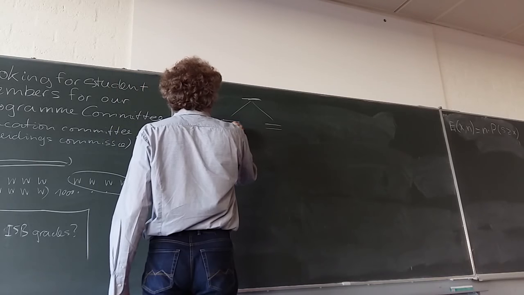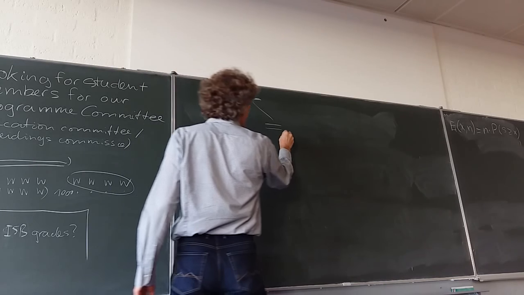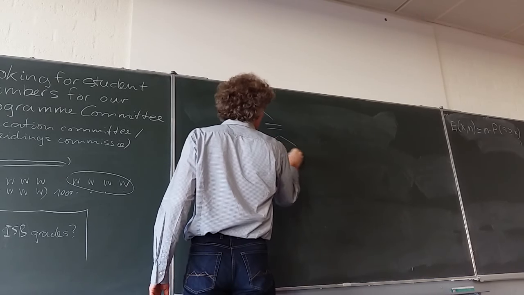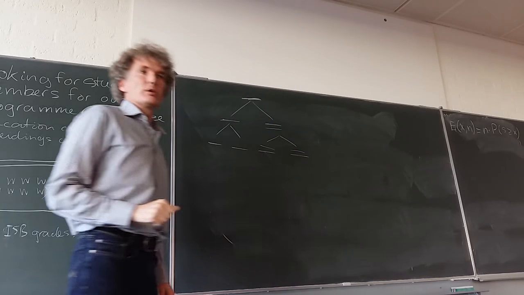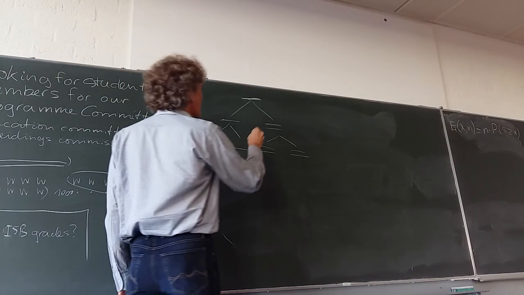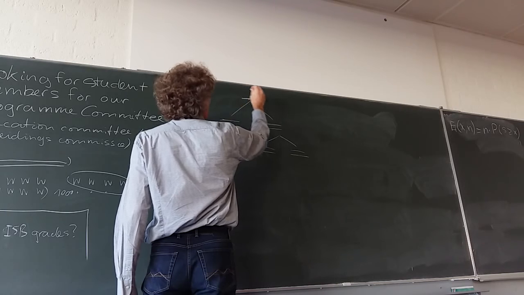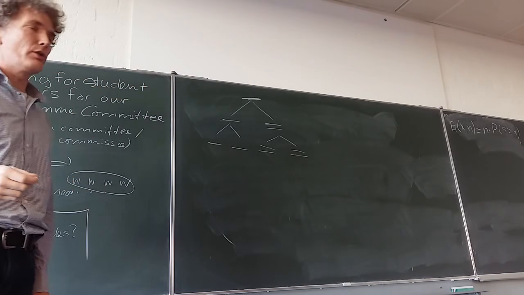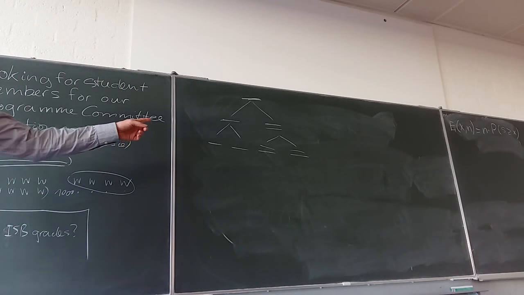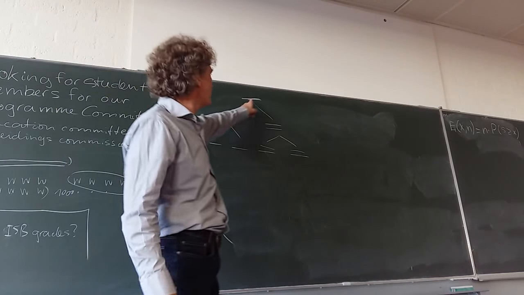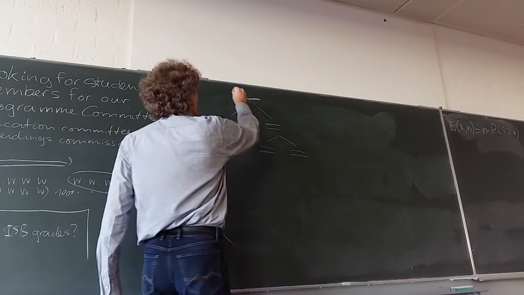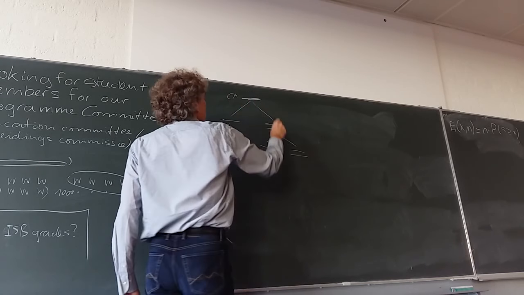Then this ends up in two more different species, and these end up in two more different species as well. So they're all homologs, right? That's easy, because they all have the same common ancestor.